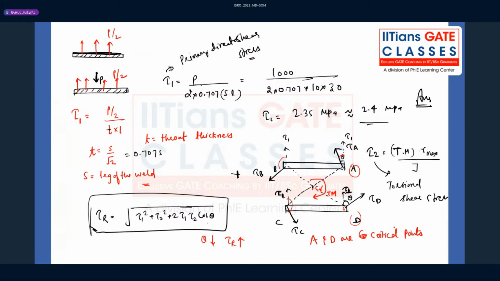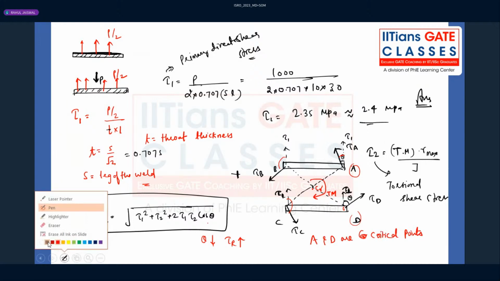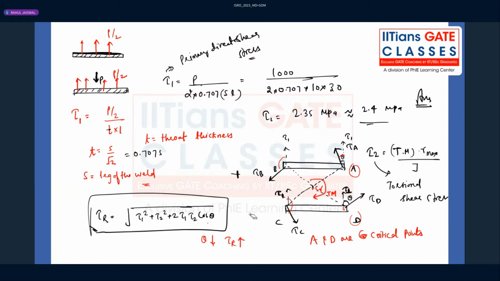Note down all these are questions. They may ask same question, but they may ask different data. Maybe they might give different other phases of this particular question.